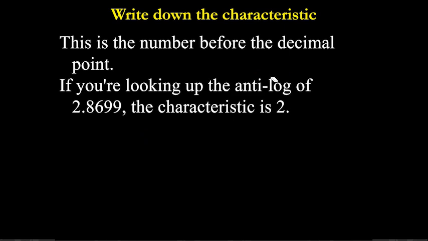How do we do that? Suppose you are asked to calculate the antilog of 2.8699. You will consider only the mantissa part, because this is what you got after taking log. You remember that when we took log, the log table told us only the mantissa part.